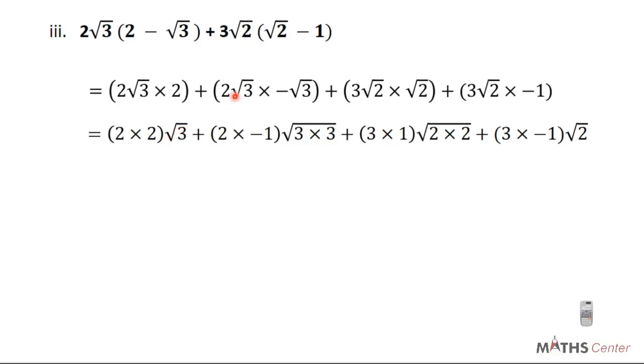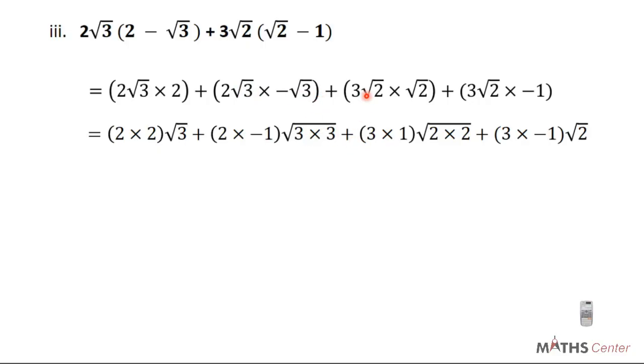Then plus, when you come here, we know the sign in front of this one here is negative. The number there is 1. So we are going to have 2 times minus 1. Then square root of the numbers under the square root sign will multiply. So 3 will multiply 3 here.